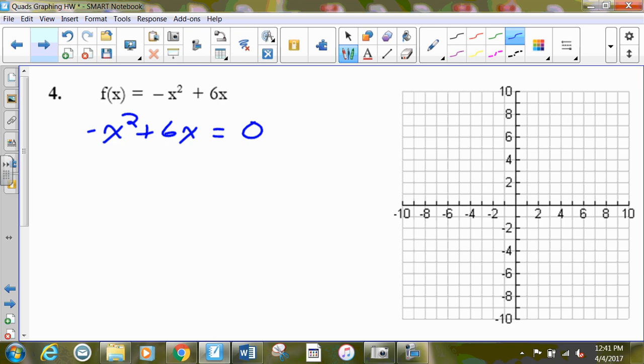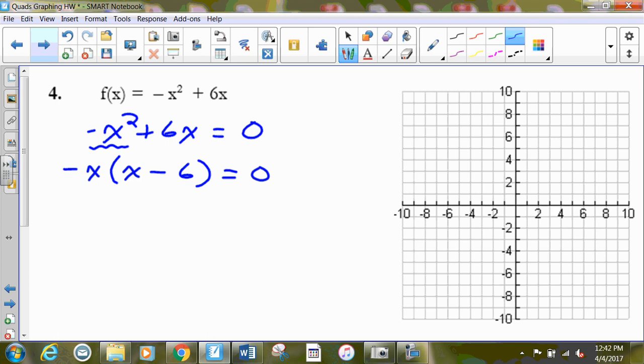I want to solve for x. I want to get something times something equals 0, which means I'm going to need to factor. I'm going to factor out the negative x. Whoops, I almost made a mistake. Well, I did make a mistake. I'm correcting it. Does this make sense? If I distributed, and I would multiply negative x times x, I would get back to the negative x squared.